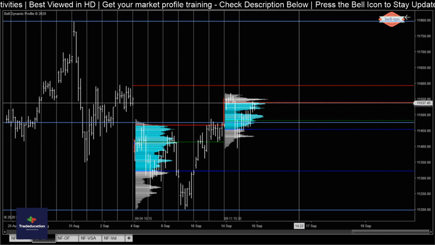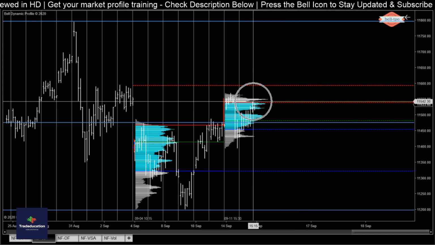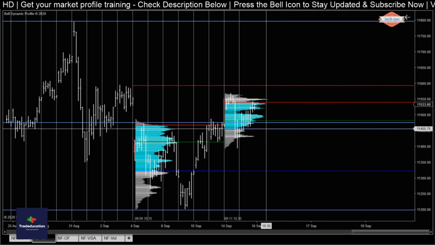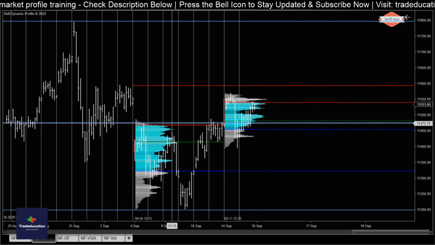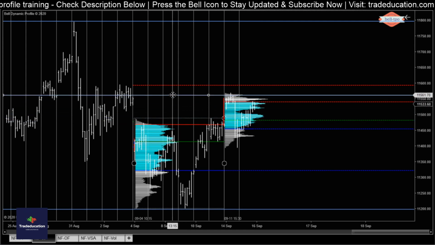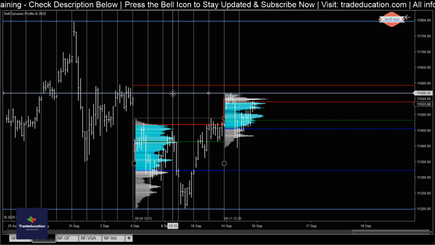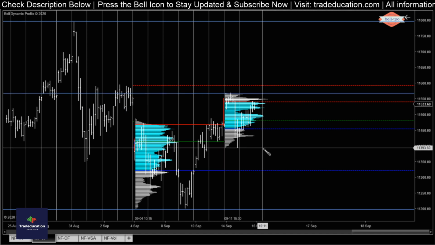Currently the auction is getting rejected around the value area highs. This is the value area high, and this is the value area low. This is the VPOC, and let me consider this as the balance high, and this as the balance low.